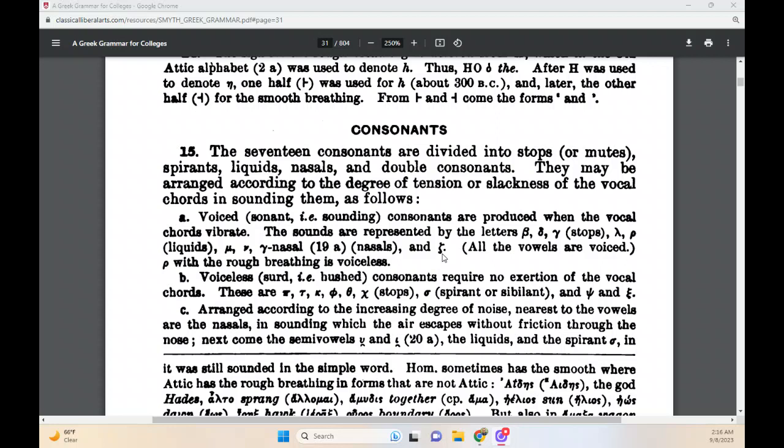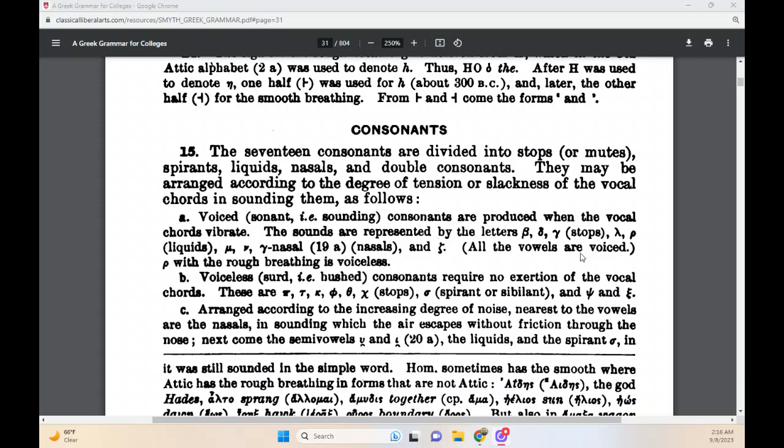And then lastly, the consonant zeta, and you can hear that vibration in your vocal cords, z, z, z. So all of those consonants, beta, delta, gamma, lambda, rho, mu, nu, gamma nasal, and zeta are called voiced consonants because the vocal cords vibrate when they are pronounced.